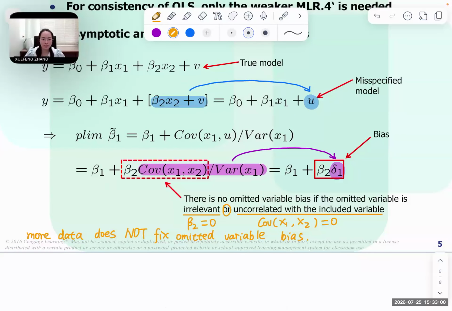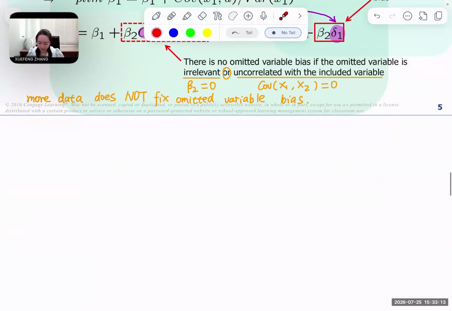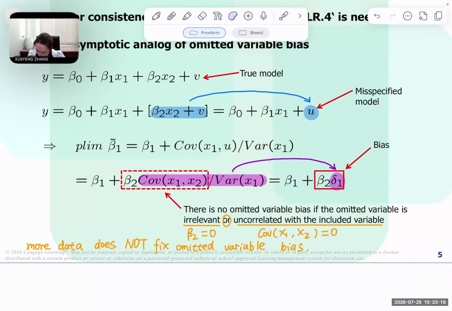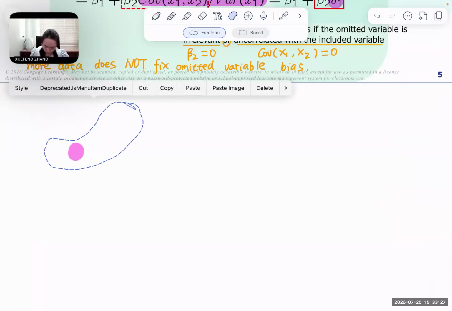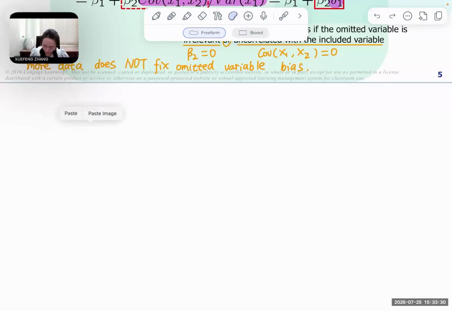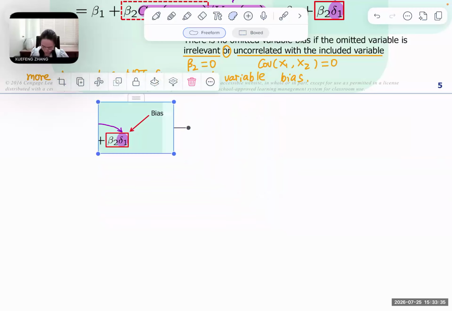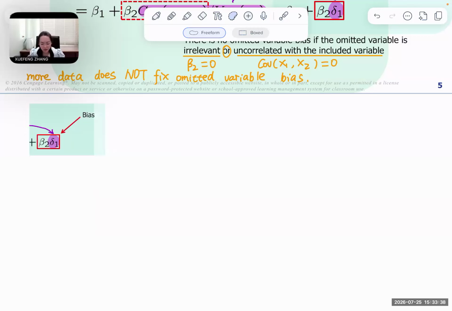Okay, so here I want you to look at the bias term, which is beta 2 delta 1, right? Let's see the direction of the bias. This is the bias term, right?